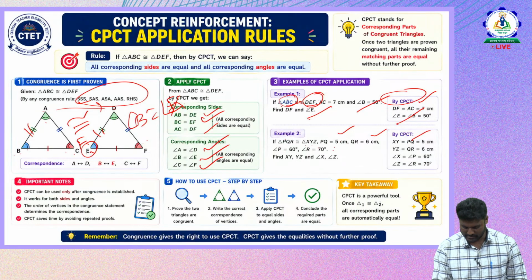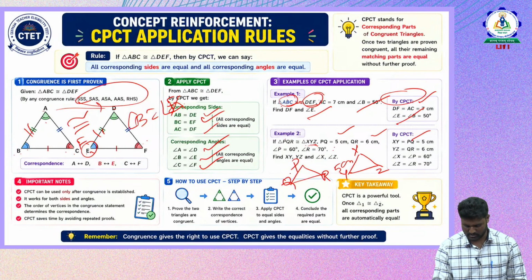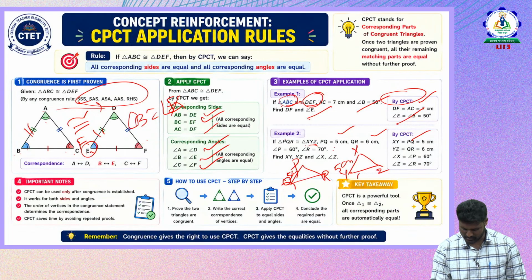If you draw the figure, PQR and another figure XYZ, PQ and XY are 5 centimeters according to the question. So that condition is satisfied. Another condition is YZ, which is 6 centimeters. Then QR must also be 6 centimeters based on CPCT. This condition is also satisfied.